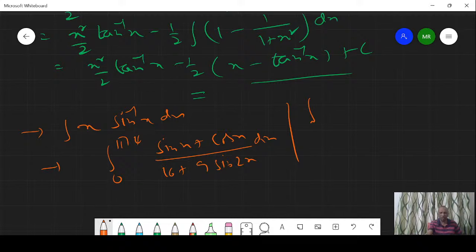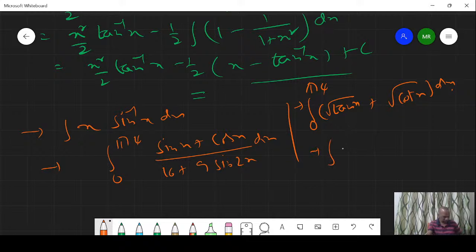Next, integral 0 to pi by 4 of root tan x plus root cot x dx. Without limits also I can tell this problem. This problem I will discuss tomorrow.